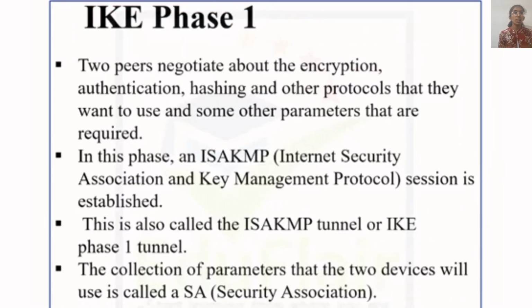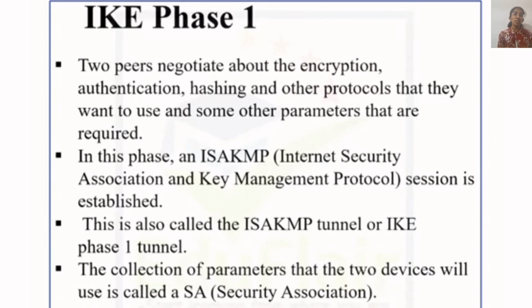As I told before, there are two IKE phases, that is phase 1 and phase 2. Now let me tell you about phase 1. In IKE phase 1, two peers negotiate about encryption, authentication, hashing and other protocols that they want to use, and some other required parameters.